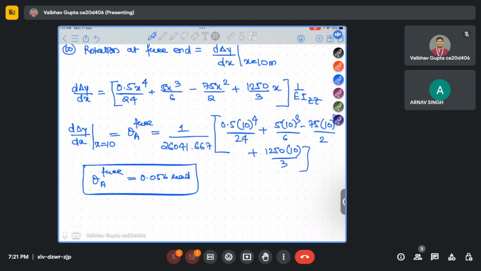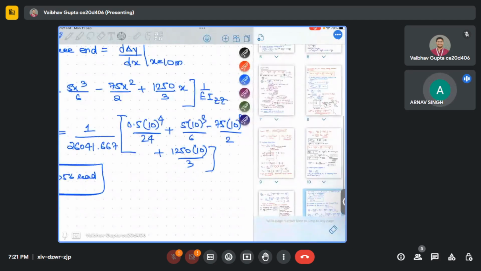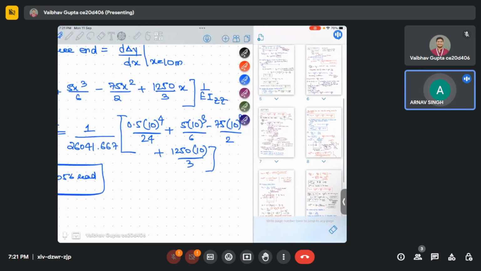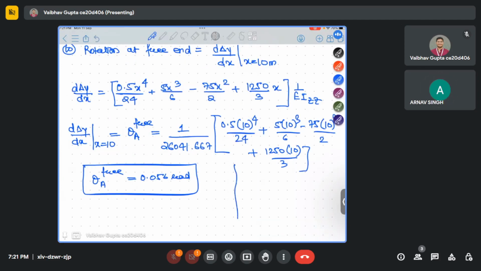So this is the answer. If degrees are asked, whatever has come in radians, we will convert into degrees. I'll tell you: 1 degree is equal to pi by 180 radian.